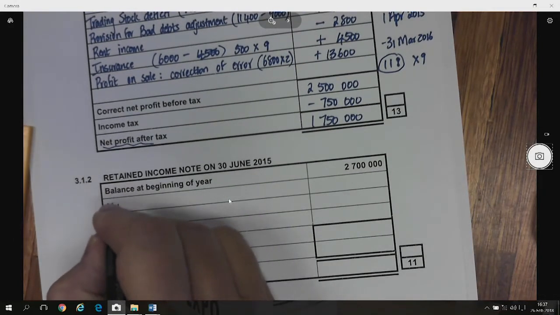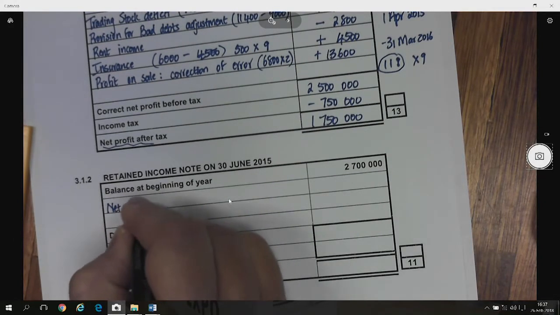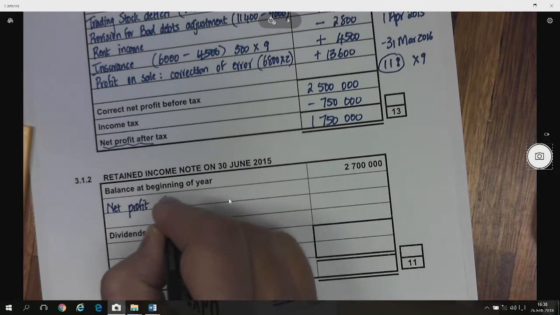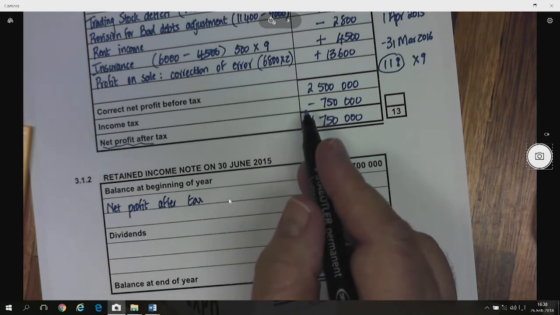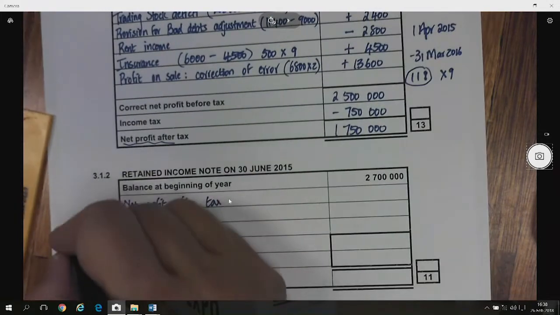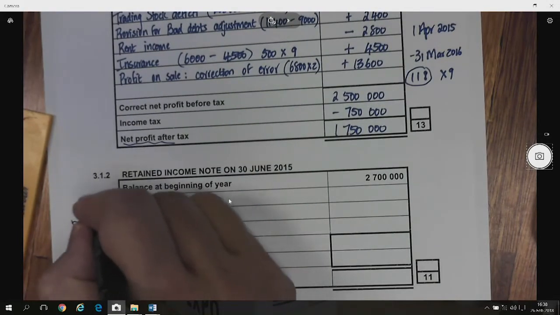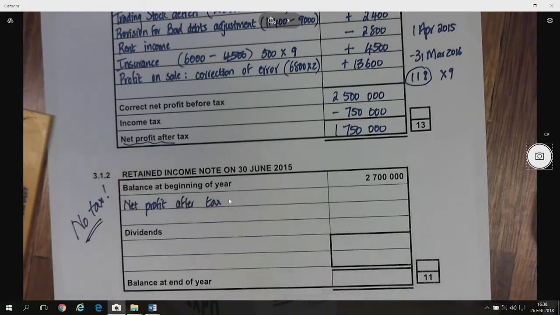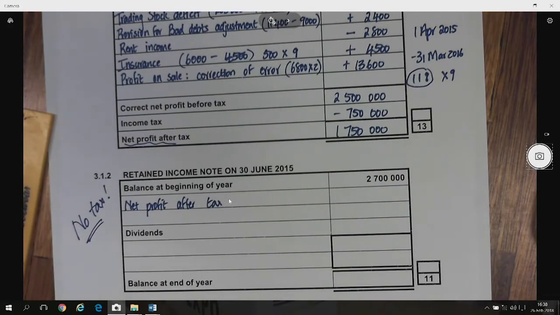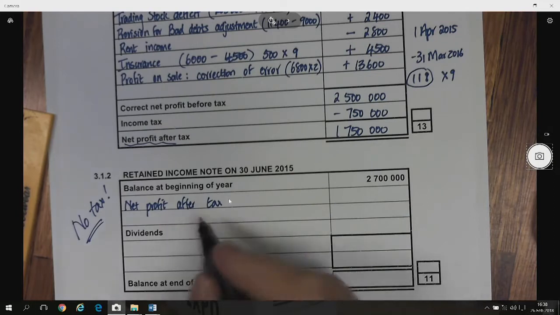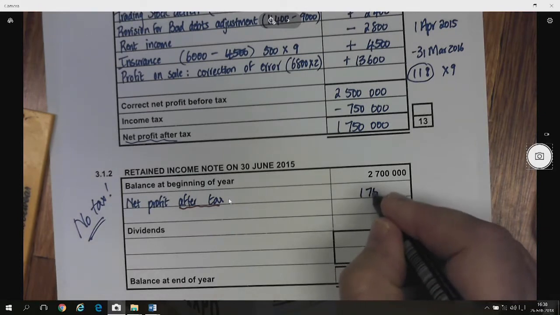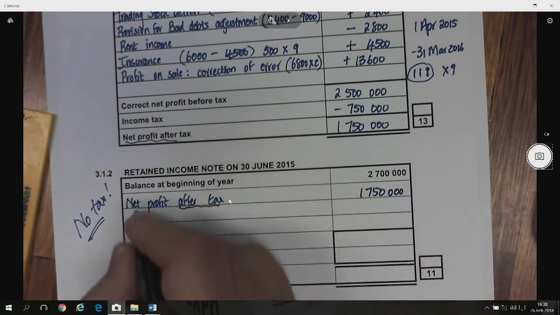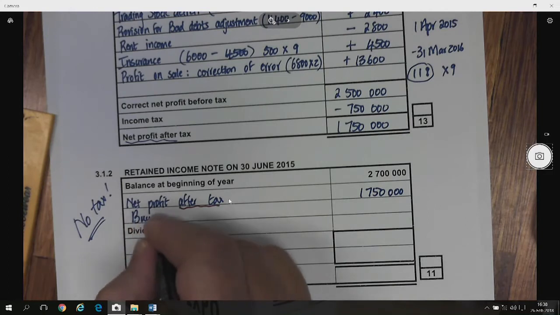Net profit after tax. Why after tax? Because the tax was already subtracted in the income statement. There's no place for tax in the retained income. That's why you say after tax. You already subtract the tax. So that gives us R1,750,000. Then we say buy back shares.